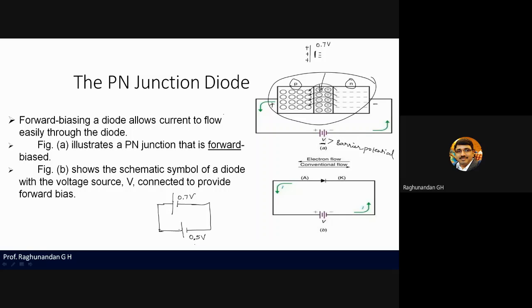Negative of one to positive of another, right? If this is one shell and the next one, it is positive, negative, positive, negative. That means negative to the positive we are connecting. Why are we not connecting like this?